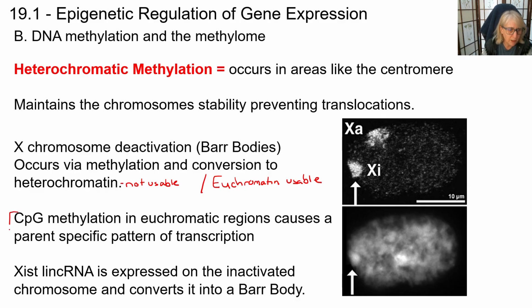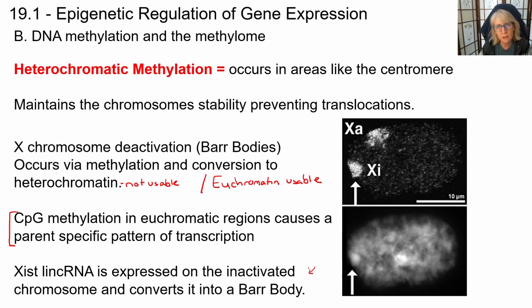I want to talk about this in a minute. I can methylate different areas on different chromosomes, depending on who is the parent that gave you that chromosome. So we have parent-specific regions of methylation, and we also have regions that are randomly methylated.